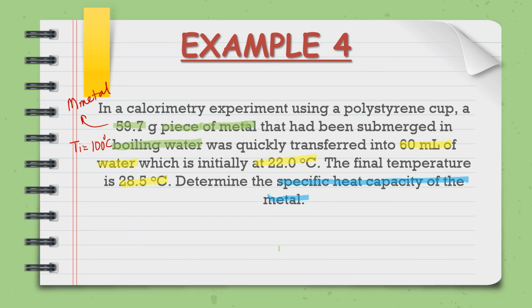So this is the volume of water and 22 degrees Celsius is the initial temperature of water, and this is also the final temperature for both our metal and the water.